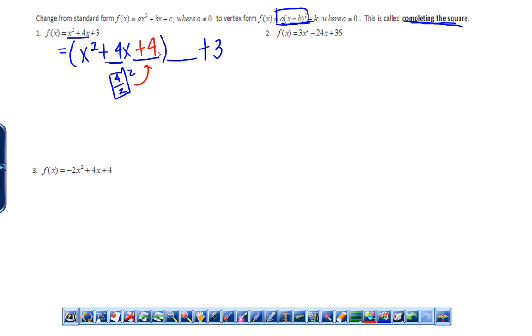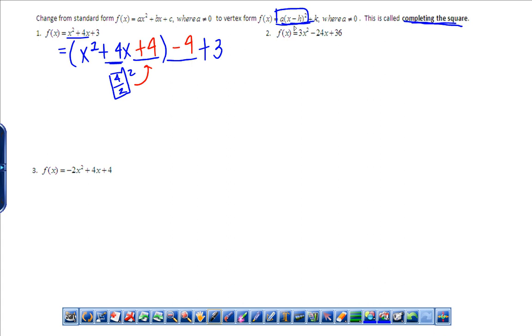Now, earlier I said I have to add something to my problem that does not change it. But I just added 4, so I just changed my problem. So since I added 4, I have to subtract 4. So if you add 4 and subtract 4, you now have not added anything to your problem.